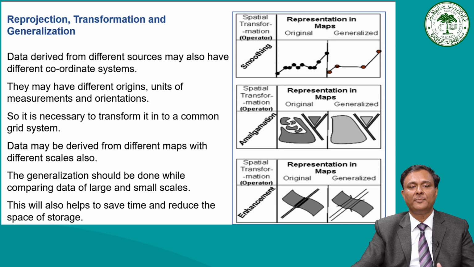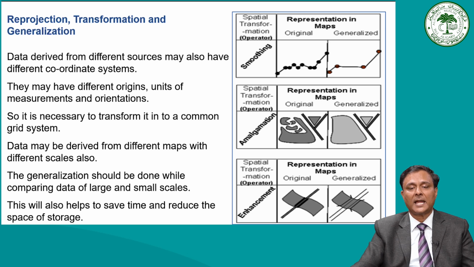If you look into the image, the top row of the image gives you an idea of what smoothing means. But it will not preserve the shape of the object. You recall we talked about vector data representation. So this is referring to that kind of vertices removal for generalizing or smoothing the vector data.